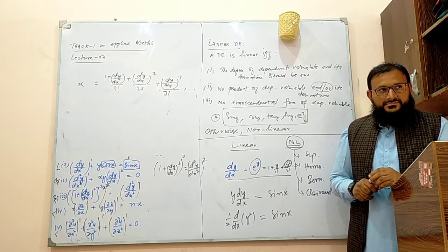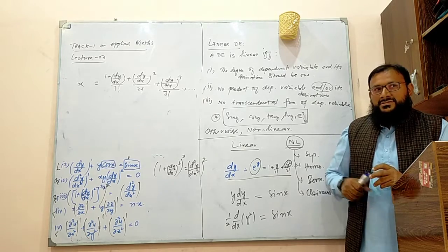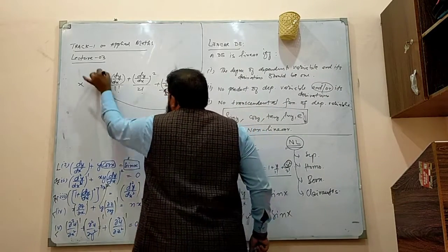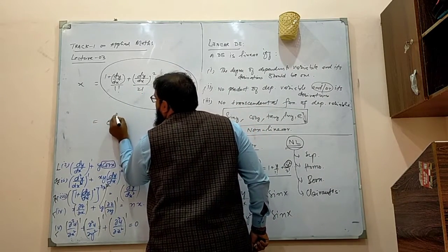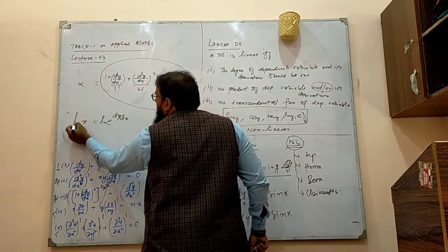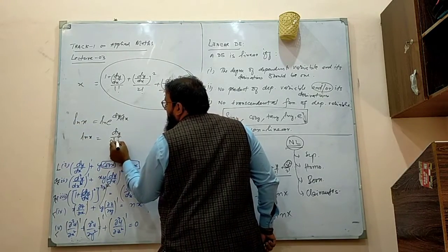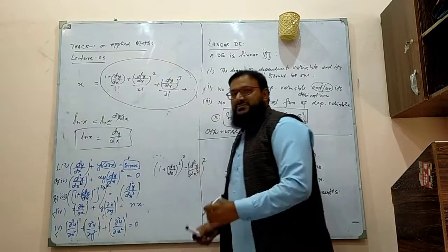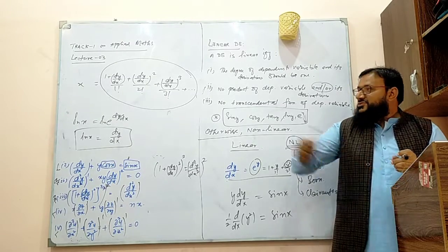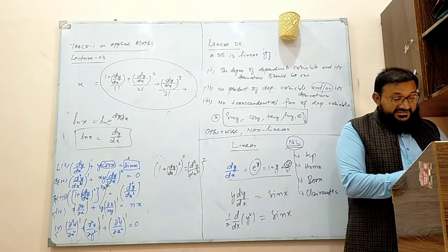Non-linear by power, power 2, more than 1. But this is an infinite series. You can see that this thing can be written as e power dy by dx. This is the exponential series. When you apply log on both sides, log and e get cancelled, leaving dy by dx. Is this linear or non-linear? Linear. Sometimes it happens, but you will not get such a question in your test, because this question is a bit typical.